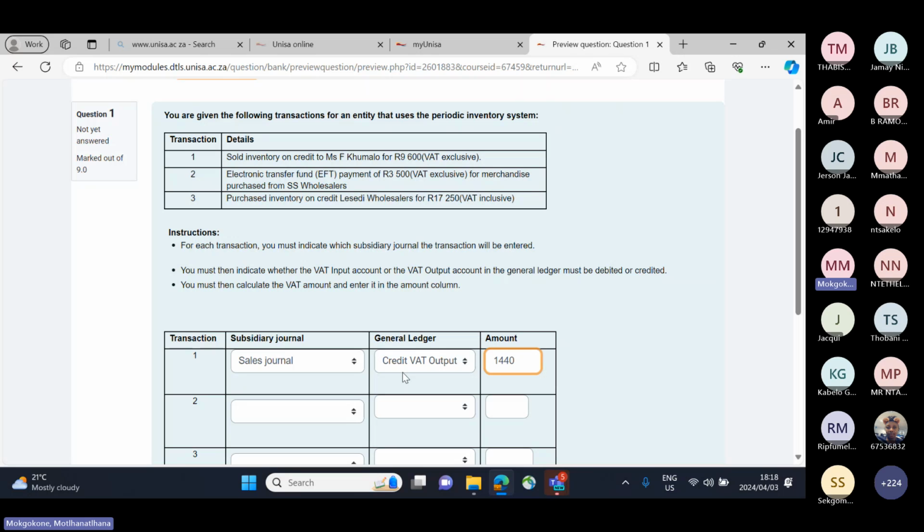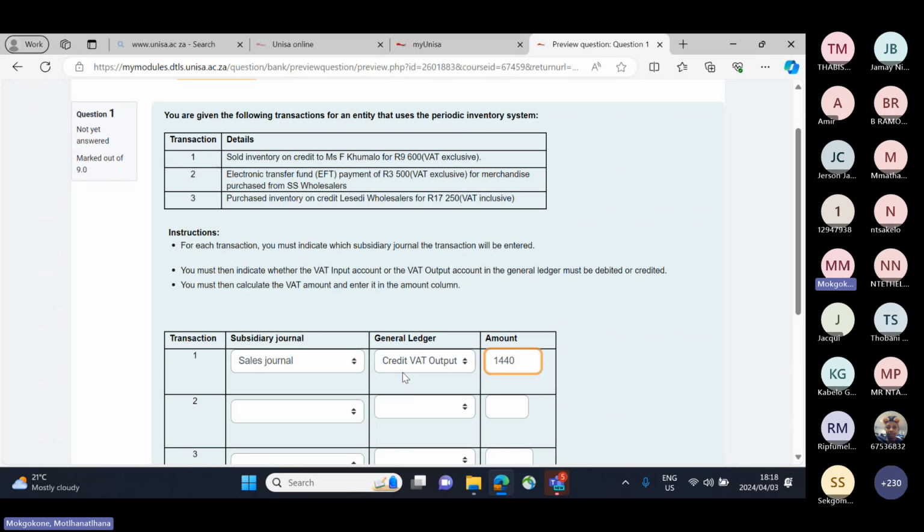And remember, according to the double entry system, one account must be debited and the other account must be credited. And here, because we sold on credit to Miss F. Kumal, who is our debtor, and a debtor is an asset, and we said assets increase on the debit side and decrease on the credit side, because here we sold on credit, our debtors or our trade receivables increase, which is an asset.